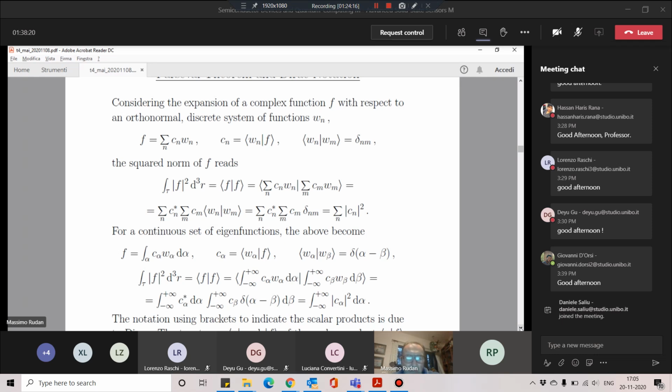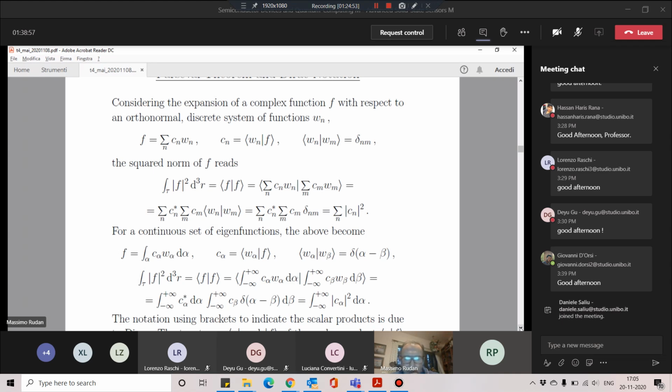Now let's take the squared norm of f. What is the square norm of f? Of course, we take the square modulus of f, and then we integrate it over the domain. In the language of the scalar products, we can also recast this expression as the scalar product of f by itself.